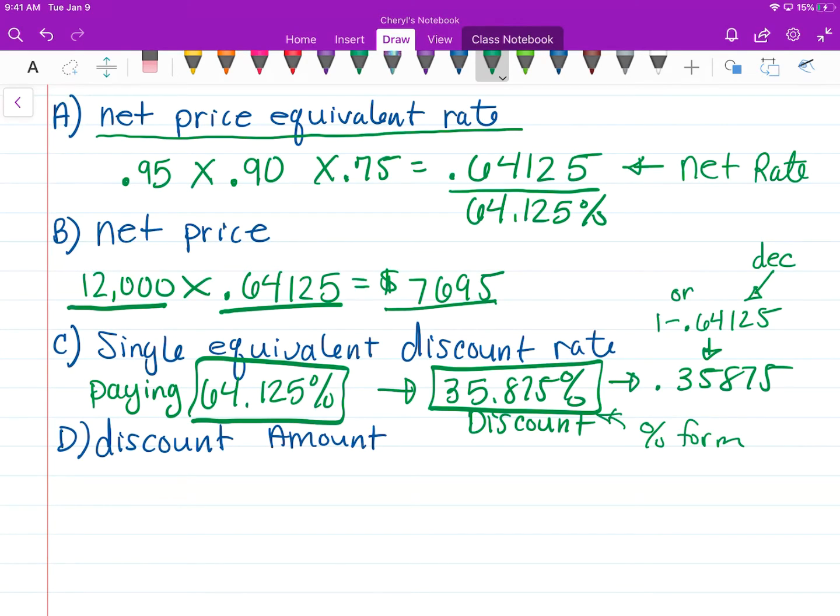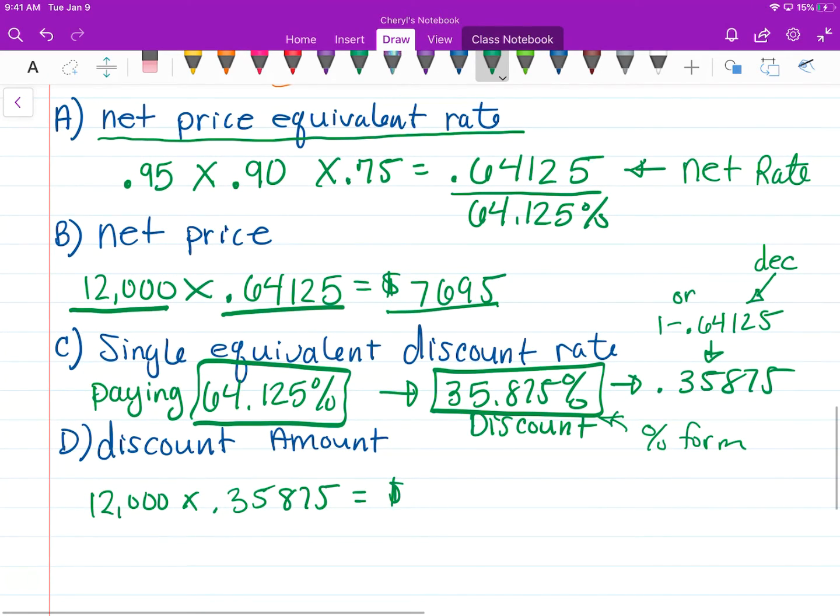So now I can use my discount rate to figure out how much my discount is. So that would be my list price, which is $12,000, times my discount rate, which is 0.35875. And that would give me my discount amount, which would be $4,305.